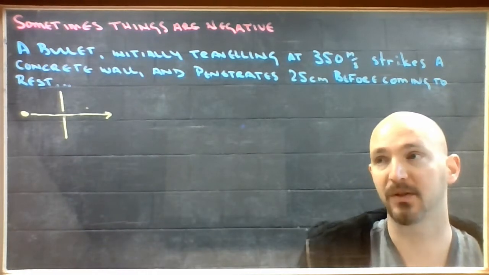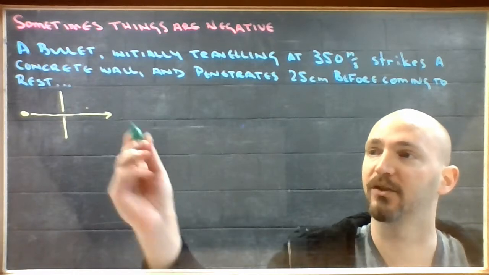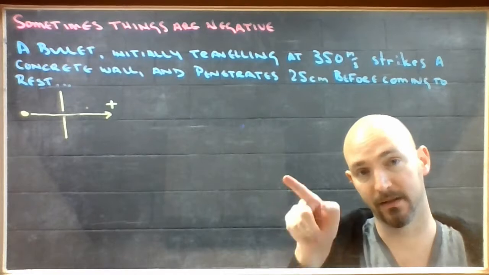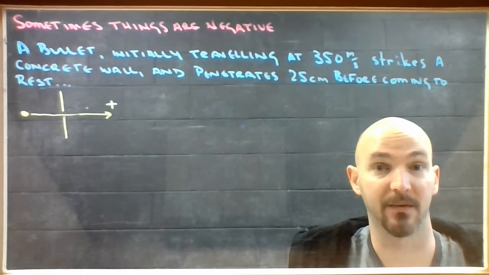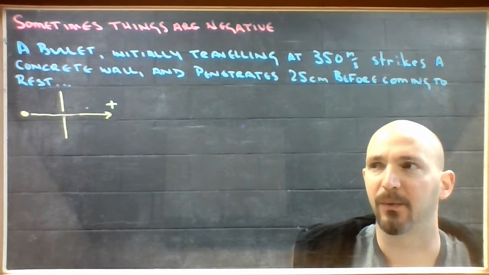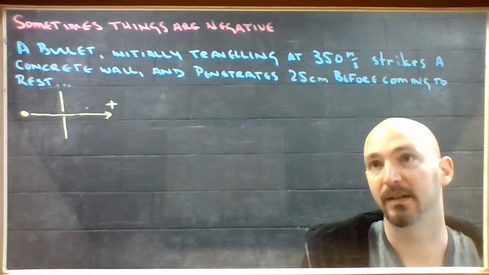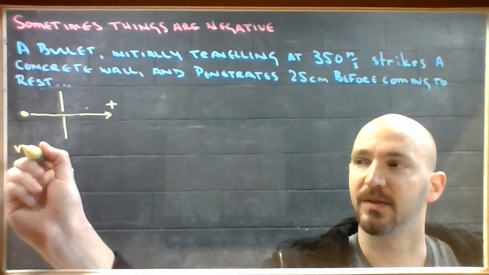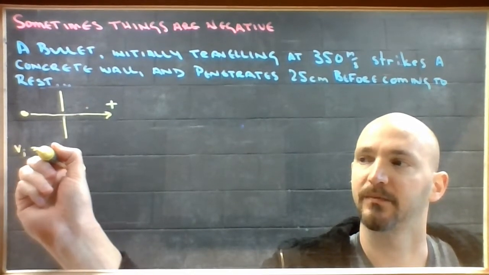And so I'm going to assign that rightward direction positive. So anything that's headed leftward would be a negative value. If I go through and read this, bullet initially traveling at 350 meters per second, well, that's an initial speed, 350.